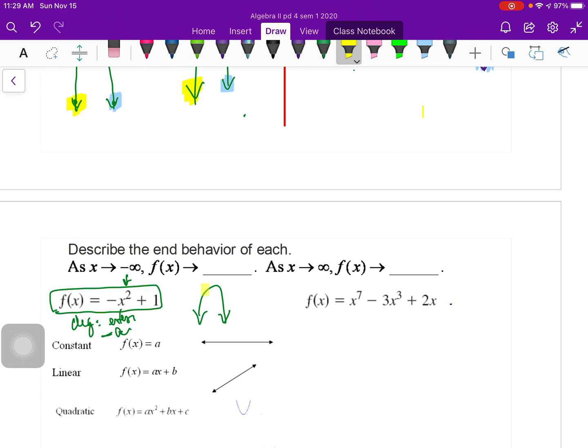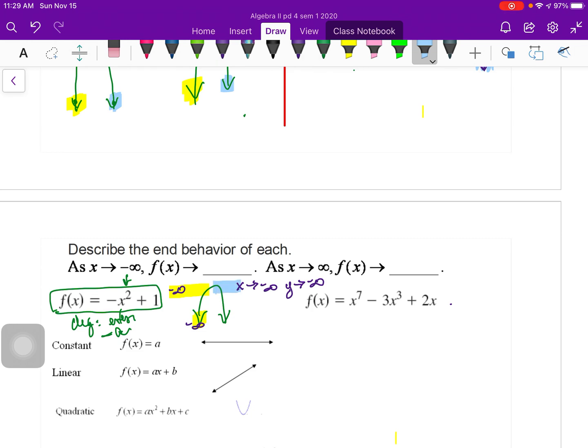So as the x's go left towards negative infinity, these y's go down, so that is towards negative infinity. So I'm going to write that end behavior. As x's go towards negative infinity, y's go towards negative infinity.